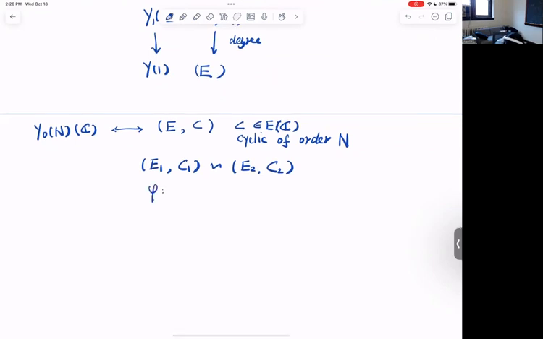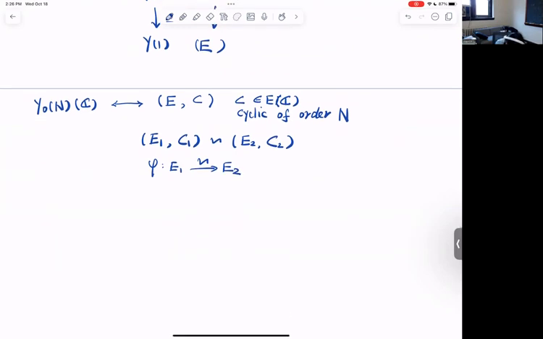if there exists a phi, again an isomorphism of elliptic curves E1 to E2, such that phi of C1 equals C2. But note that C1 is a subgroup and C2 is a subgroup.